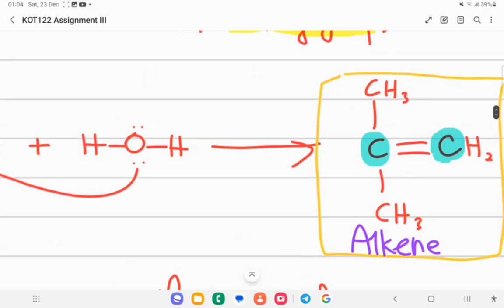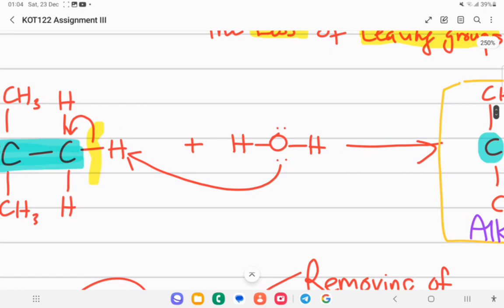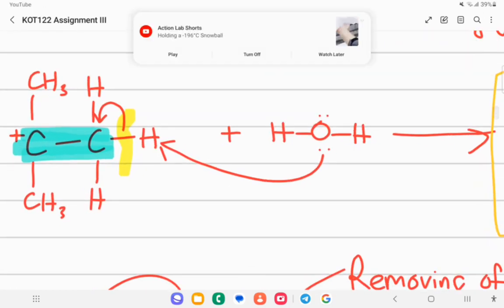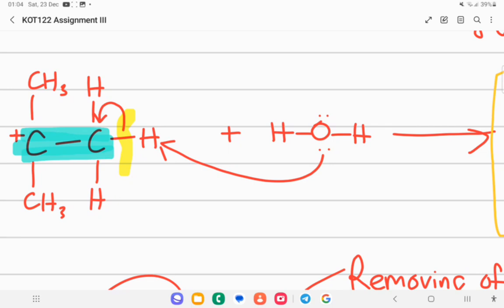So now let's see how our alkene will be formed. Just now I said that the bond here is broken, and the bonding will go to our carbon here.